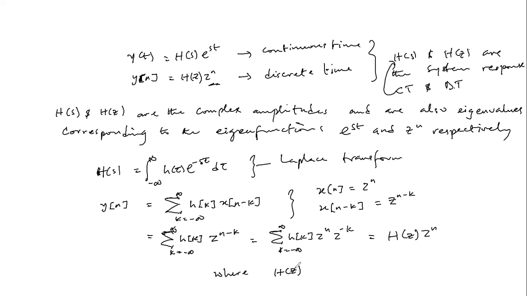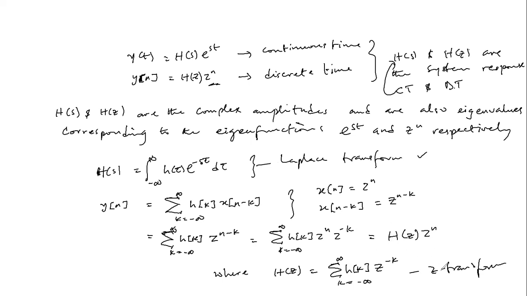Okay, where h of z is the same as the summation of h of k z to the negative k, for k taking on values from negative infinity to positive infinity, is the z transform, which is equivalent to the Laplace transform in the continuous time domain.